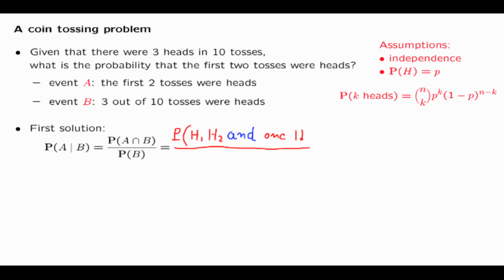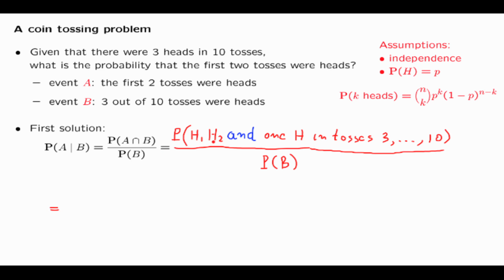So we have one head in tosses 3 all the way to 10. As for the denominator, let's keep it the way it is for now. So let's continue with the numerator.